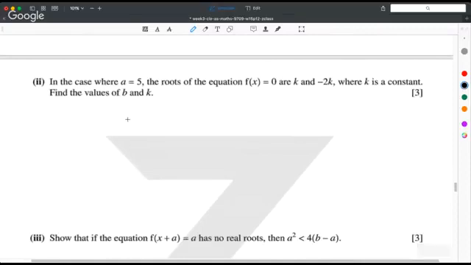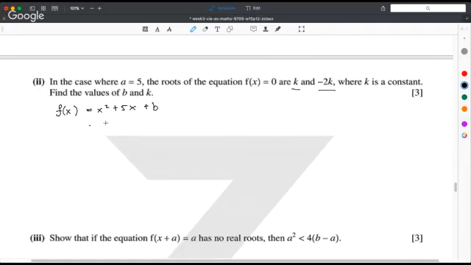Okay, so part 2. Now we've got a different case. A is equal to 5. So f of x is equal to x squared plus 5x plus b. We still don't know b. And they're telling us that the roots of this quadratic are k and minus 2k.